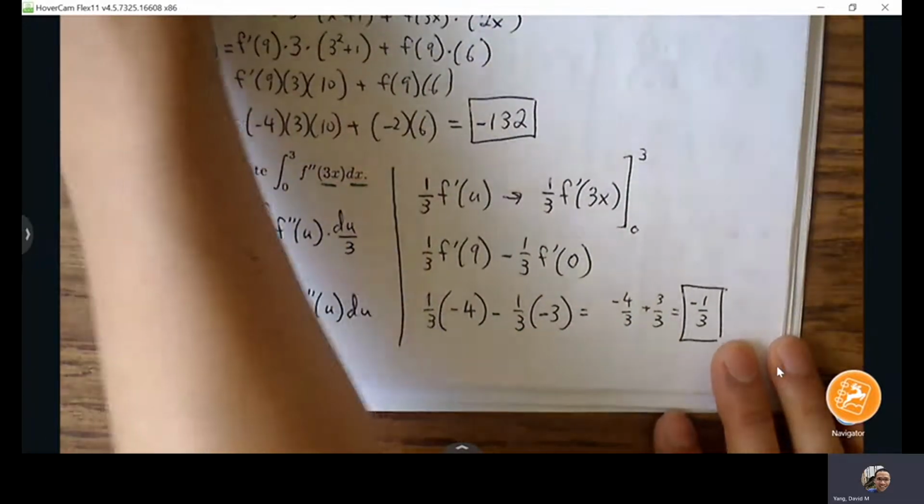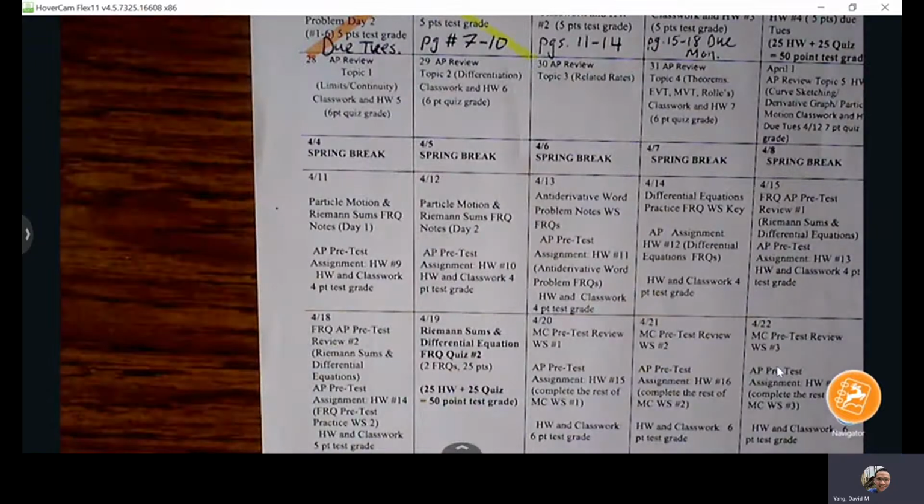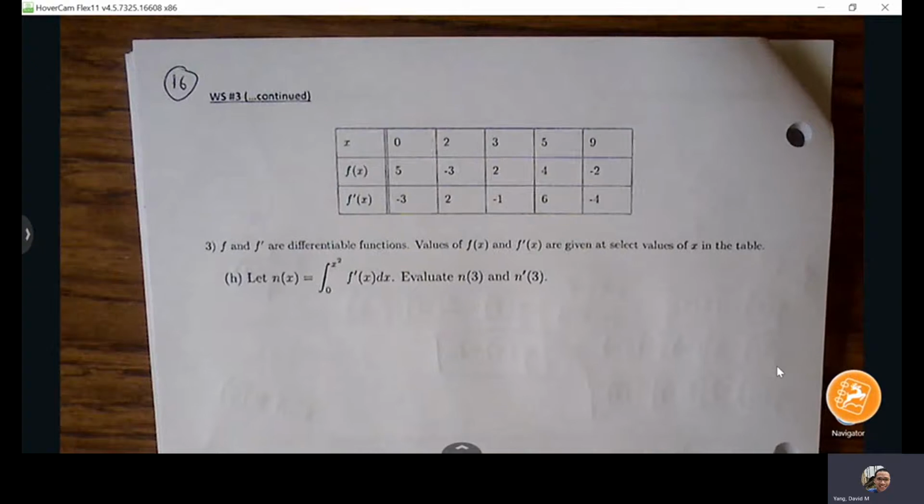Okay, page 16 when you're ready. Everybody good on this page? Okay.